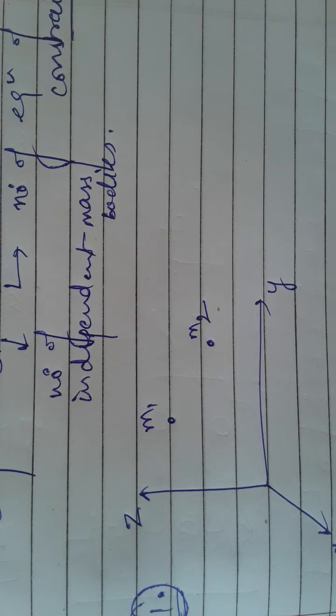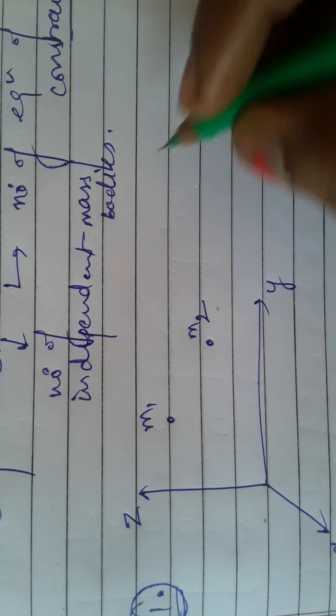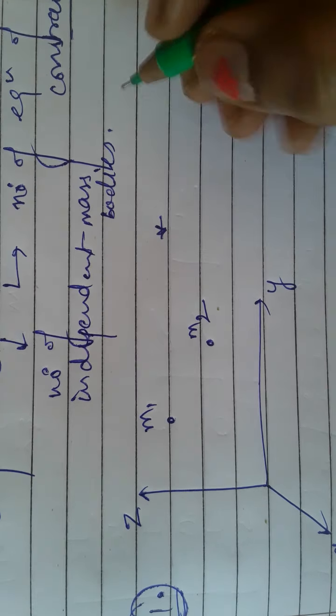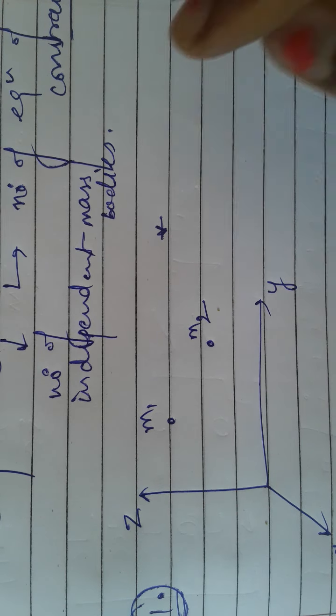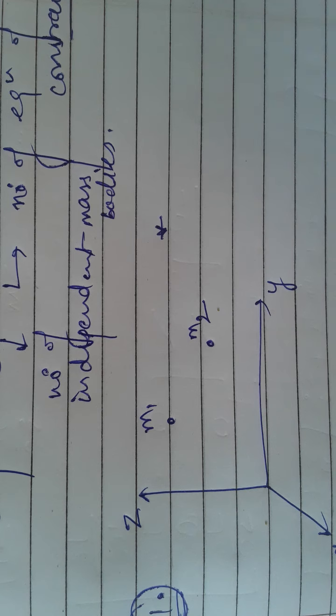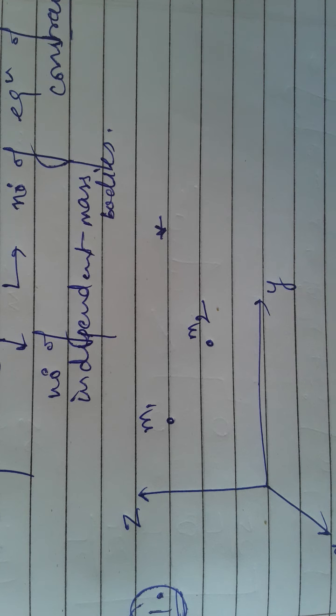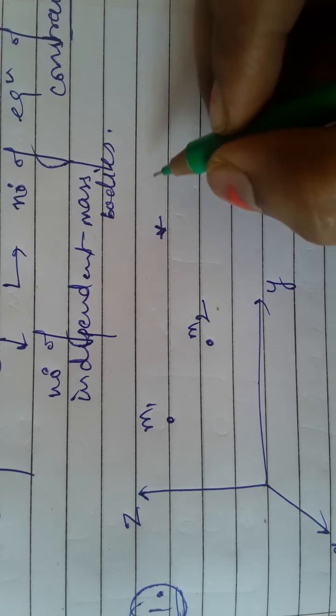For this system you want to calculate degree of freedom, and for calculating degree of freedom, firstly you have to write the equation of constraint. This is your basic step. Every time for degree of freedom you have to write the equation of constraint.